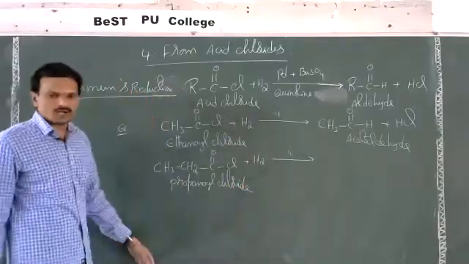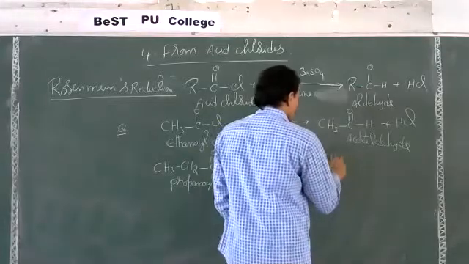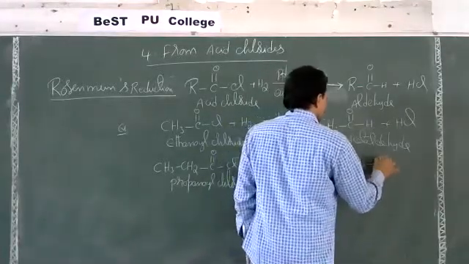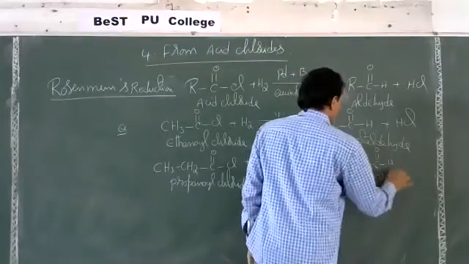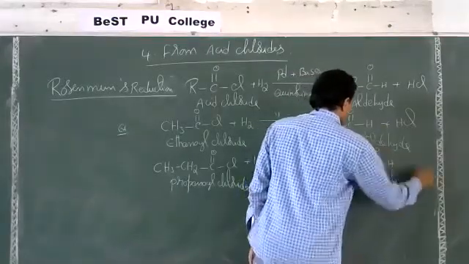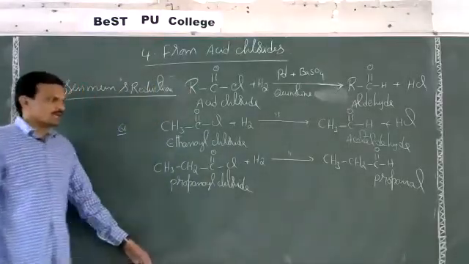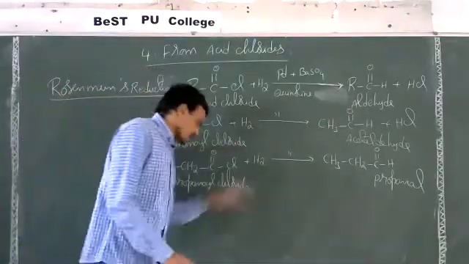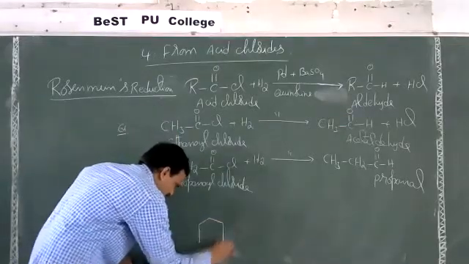So this propanoyl chloride on reduction gives propanaldehyde, or propanal. CH3CH2CHO. This is nothing but propanal, the IUPAC name. The common name is propionaldehyde. Propionaldehyde common name, propanal IUPAC name. So in the same way, we can also produce aromatic aldehydes here.